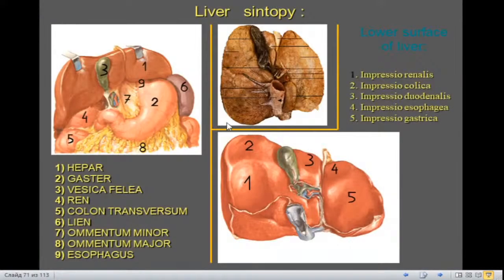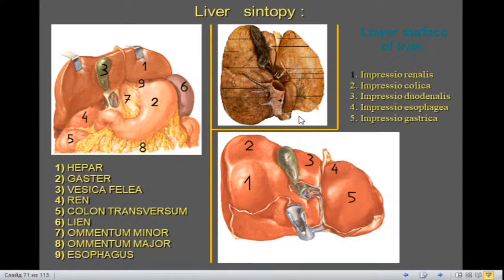Now syntopy of the liver. The liver is such a fleshy and soft tissue that all the neighboring organs leave impressions or depressions on its surface. We call them impressio in Latin. So knowing the impressions, you can know the liver's syntopy.